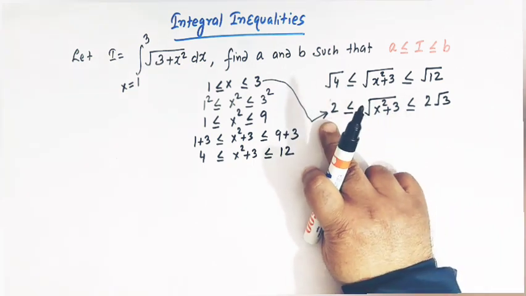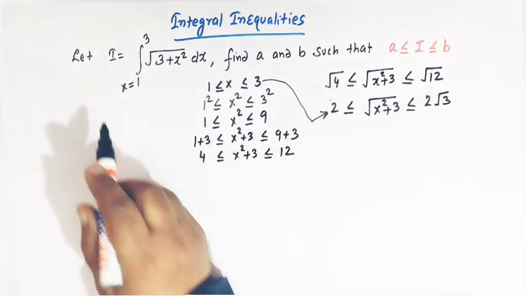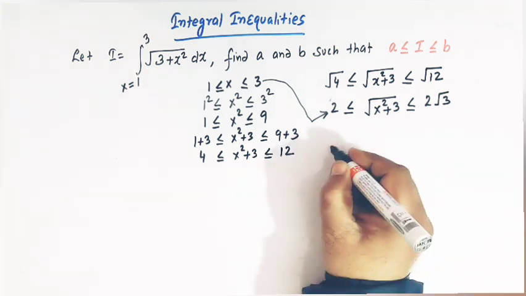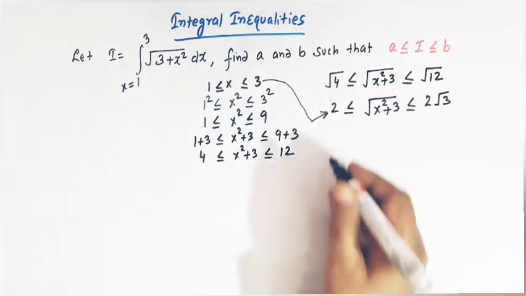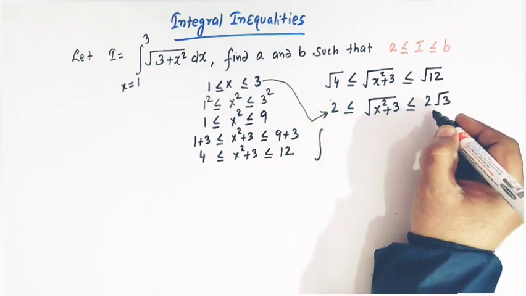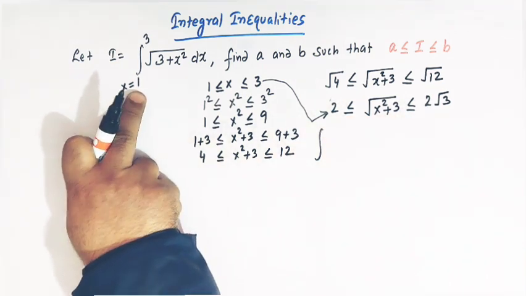Now let us integrate throughout from 1 to 3, right? So that we can create an integral inequality. So integrating throughout within the limits 1 to 3.